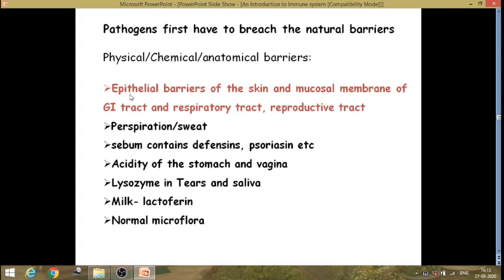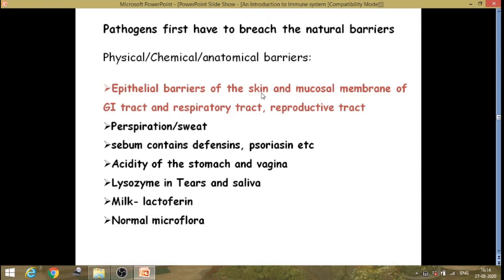We have epithelial barriers of the skin and the mucosal membranes of the gastrointestinal tract, respiratory tract, as well as the reproductive tract. Skin is the largest epithelial barrier, and you know that skin is impermeable to most substances. By being impermeable to foreign substances, skin gives us protection.